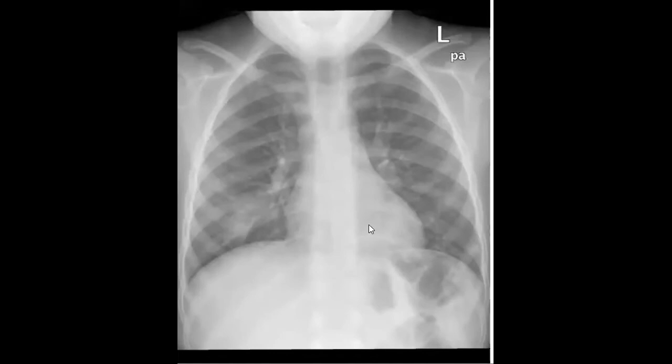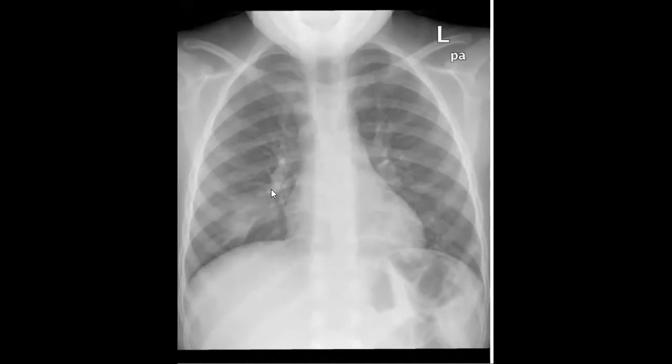The most important areas to check when you have this patient, who presented with fever, so you are checking for pneumonia, are the review areas including the retrocardiac and the apices. Don't forget the region beside the vascular structures, because sometimes they can be interpreted as just increased vascular markings, but this was a true opacity.